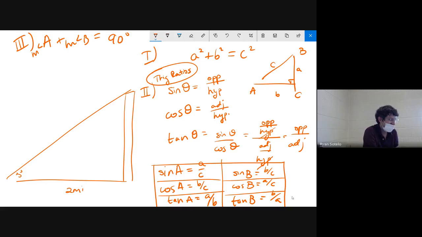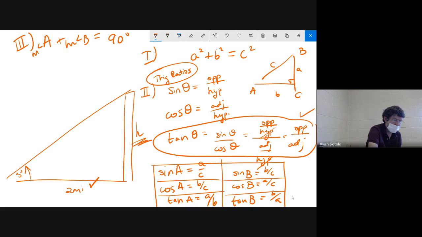So if this is 3 degrees and we're 2 miles away, we want to know the height of the building. So I have an angle. I want to know the side opposite to it, and I have the side that's adjacent to it. So I want to use the trig ratio that relates opposite to adjacent and the angle.